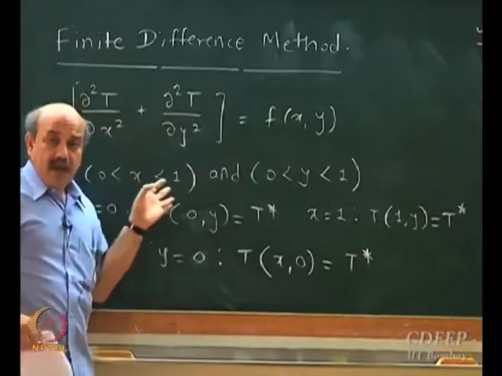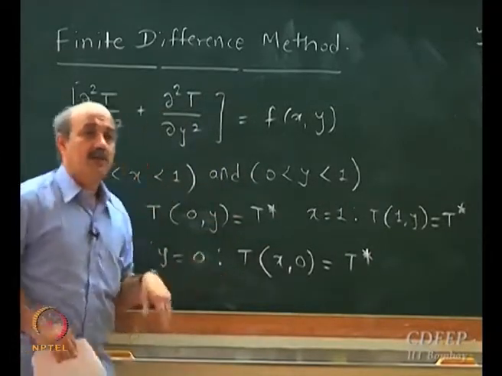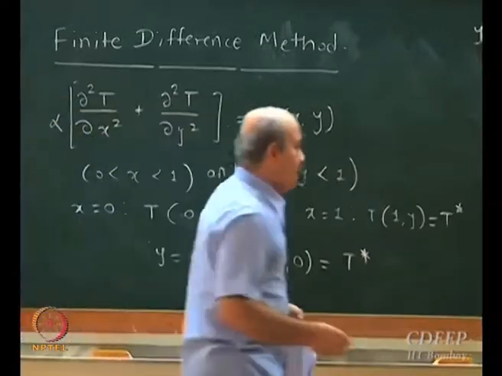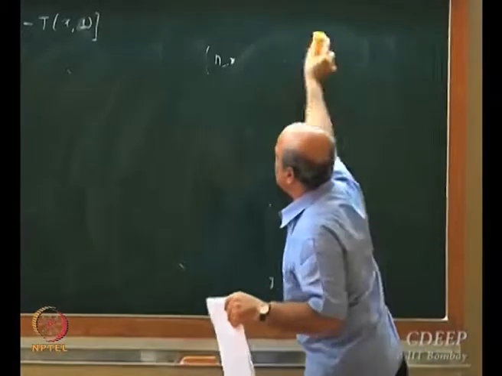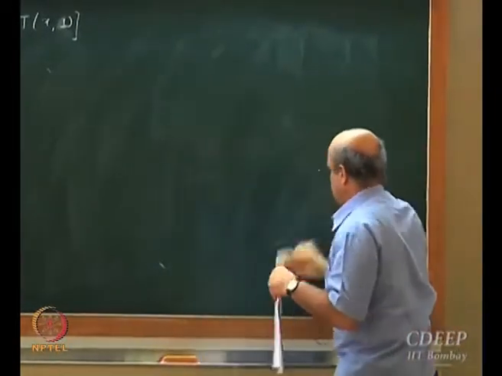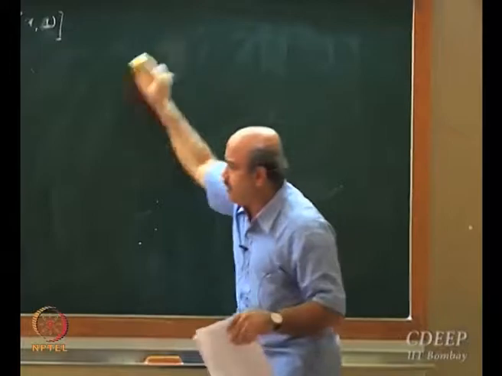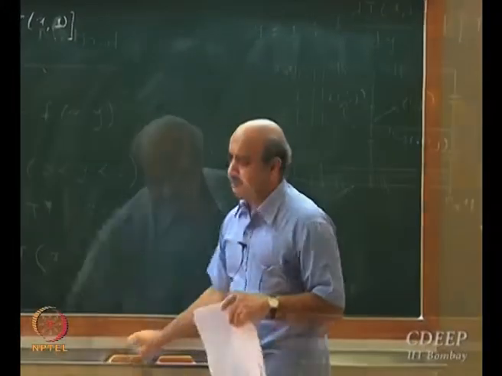Let's look at this problem again through another method called method of lines. This is a method which belongs to the same finite difference class, or it could reappear when you do orthogonal collocations.